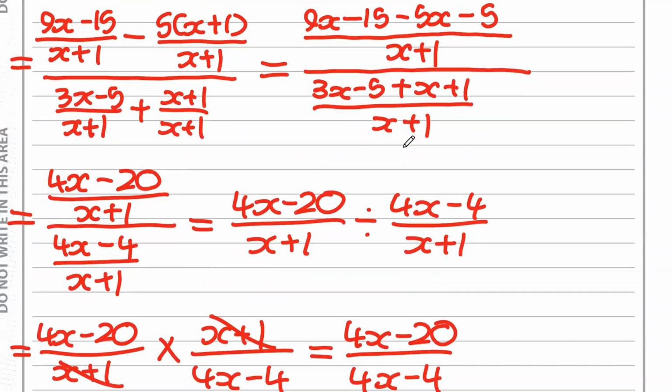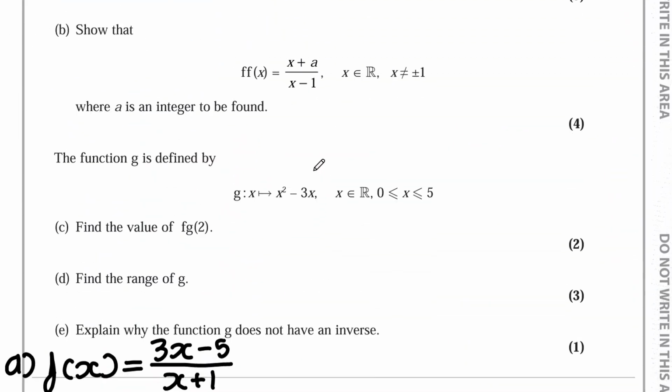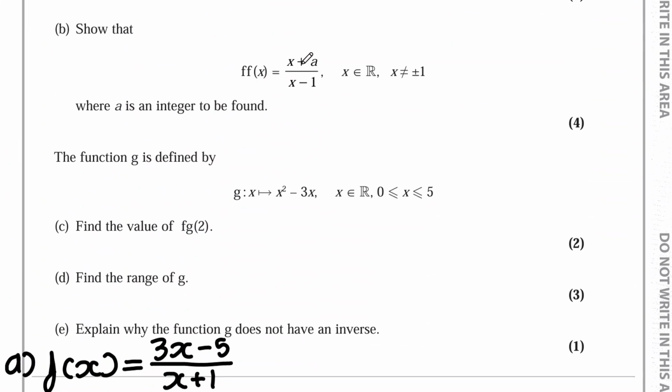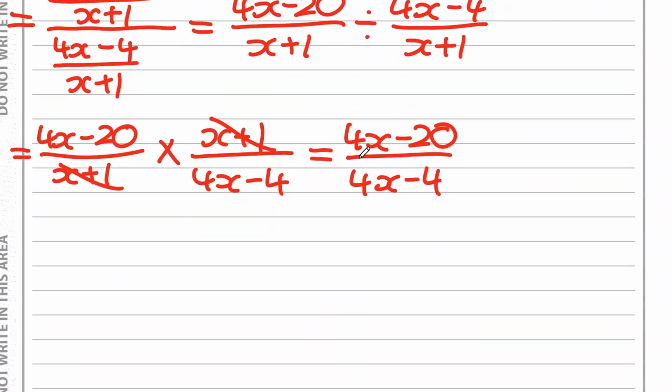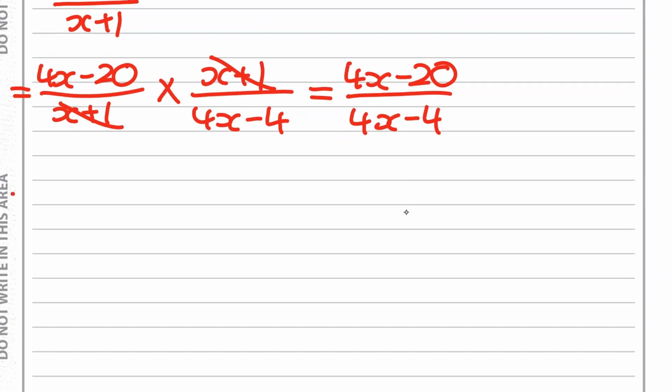Now we need to write this in this format here, where in the denominator is x minus 1 and in the numerator is x plus a. Now the issue that we have here is in front of both of the x's, the coefficients, we have 4 here. We don't want coefficients in front of the x. So for both the numerator and the denominator, we're going to factorize out 4.